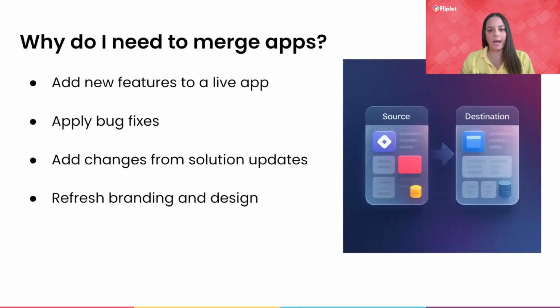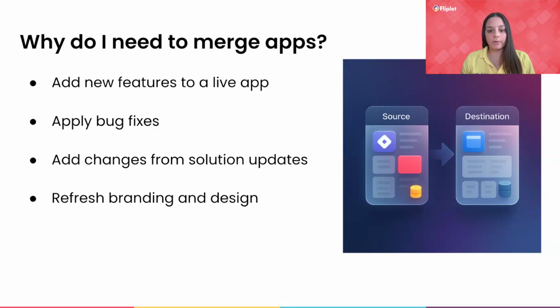You might be wondering how this feature could potentially benefit you, and when you and your team would use it. There are some common scenarios where merging apps can really make a big difference. For example, if you've built and tested a new feature in staging, you can move that straight into your live app instantly, with no rebuilds or manual copying needed.